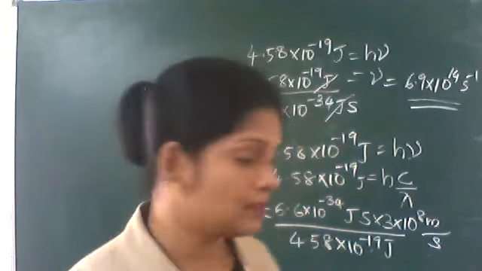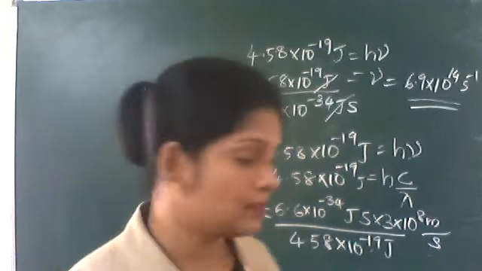From this you will be getting the answer in meters. Joule got cancelled, second got cancelled, and finally you will be getting meter. Either you can put it in meter, no problem. Normally wavelength we express in terms of nanometer. So the answer, lambda, is equal to 434 nanometer.